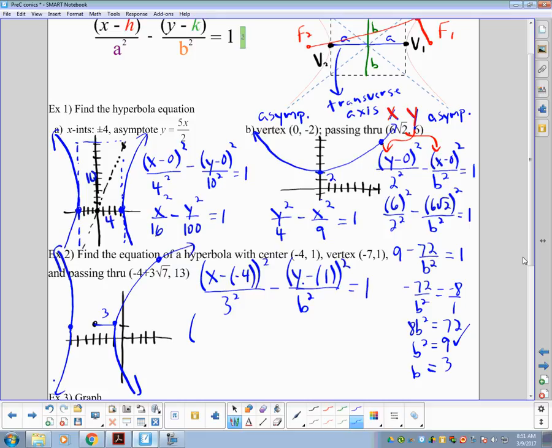This is actually x plus 4 squared, right? So I'm going to plug in -4 plus 3 root 7 plus 4, and then square that number, and that will be over 9. Minus y minus 1 squared. I'm going to replace y with 13. So 13 minus 1 squared over b squared equals 1.